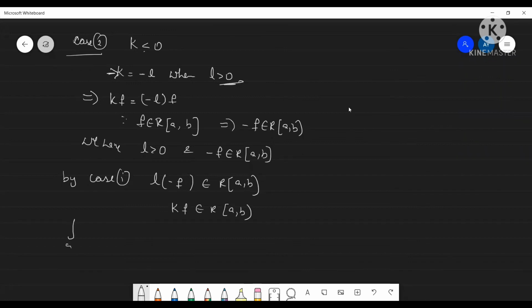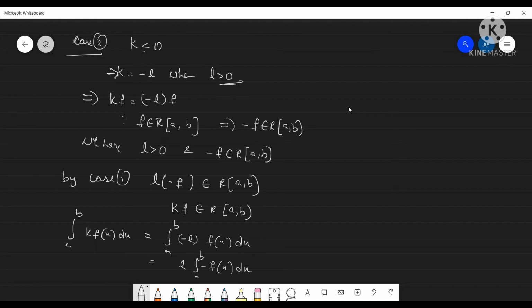And then you have the same story. Integral a to b of k into f of x dx is equal to integral a to b of minus L into f of x dx. Put the minus like this and send L out: L integral a to b of minus f of x dx.